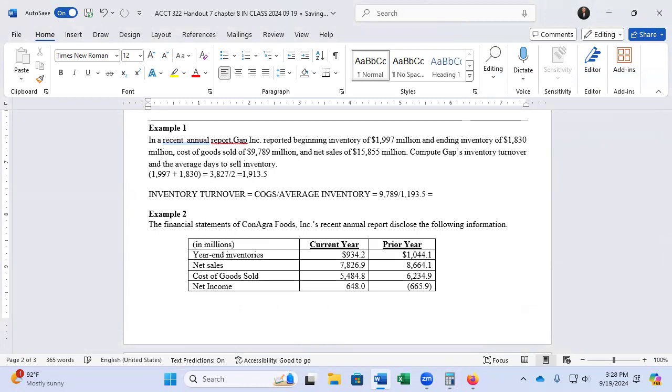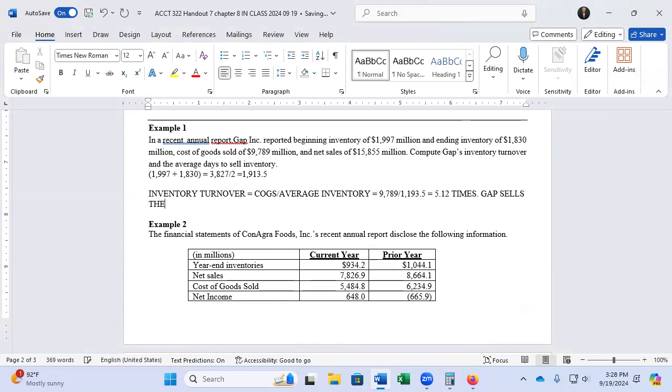And so we end up with 5.12 times. So Gap sells their average inventory 5.12 times a year.